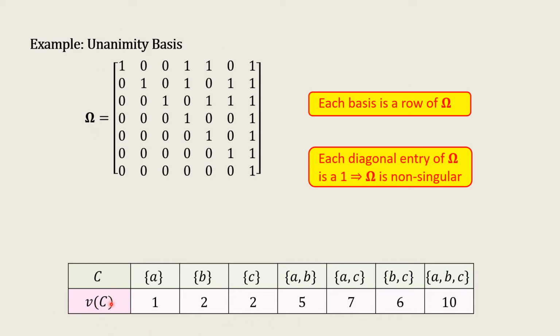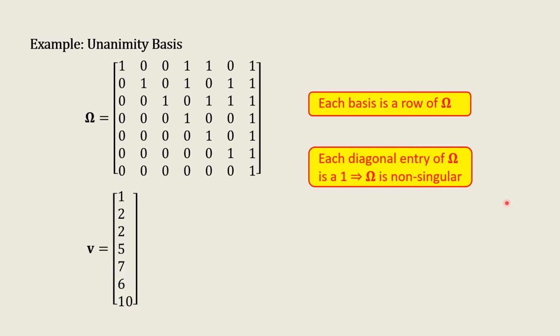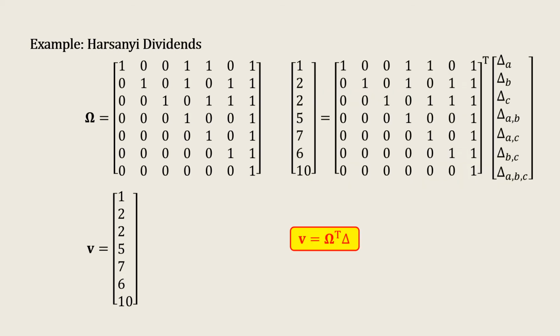And next what I'll do is I'll form a vector out of the values. So this is my omega and this is my vector v. By default all vectors are column vectors. Whence I have this relationship here. These v's equals this matrix omega transpose.